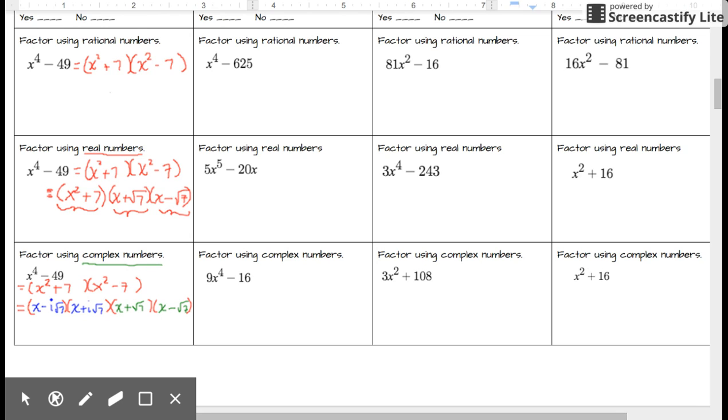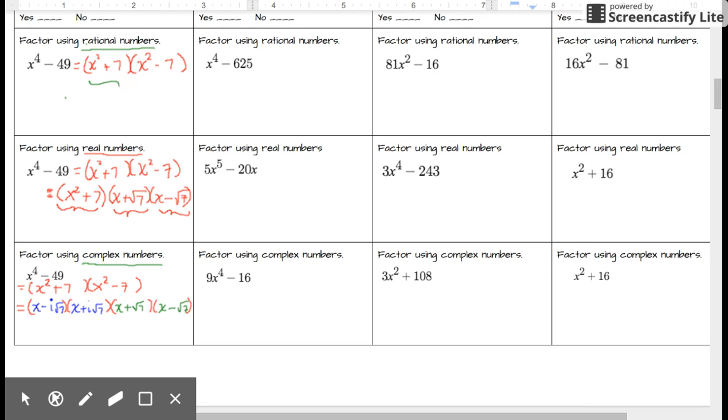So notice that in these 3 problems, we are factoring the same binomial, the same difference of 2 squares, but the numbers are different. So if we are asked to use only rational numbers, we stop here.